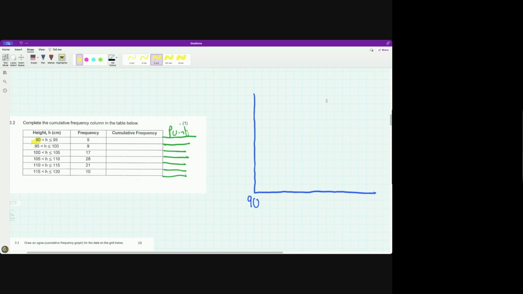It probably is a grade 2 class or something, because I see the heights are quite small. But that's the context for the example. I'm also going to put cumulative frequency here, and then I'm going to put intervals here. Fill out that column and then just let me know when you are done.